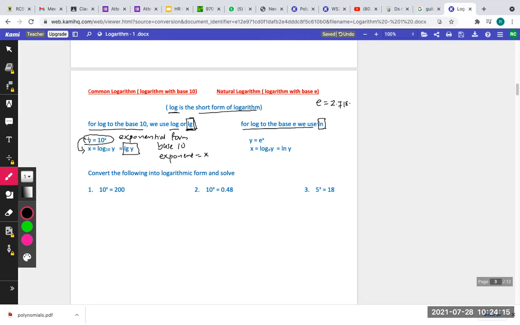How do we rewrite an exponential form to a logarithmic form? Why are we doing that? For solving the equation. So you would be thinking, after this, how do we solve? Yes, in our calculator, you can see the LG key here, right? There are three keys, in fact, in your calculator.